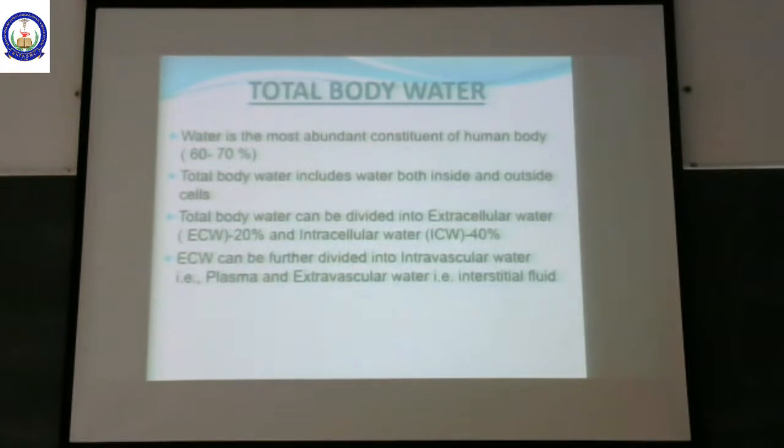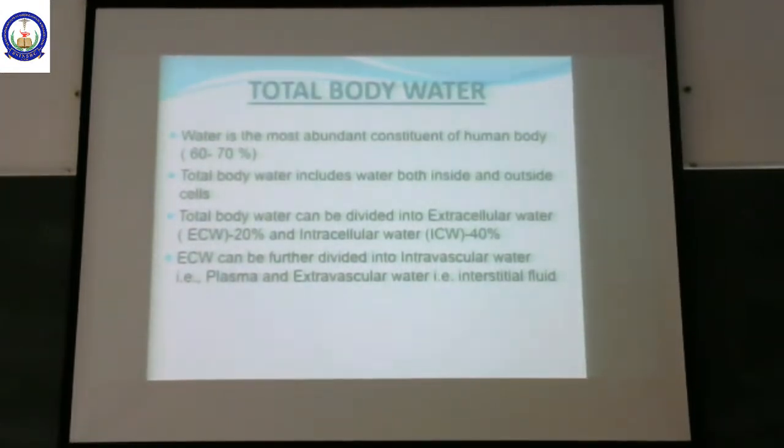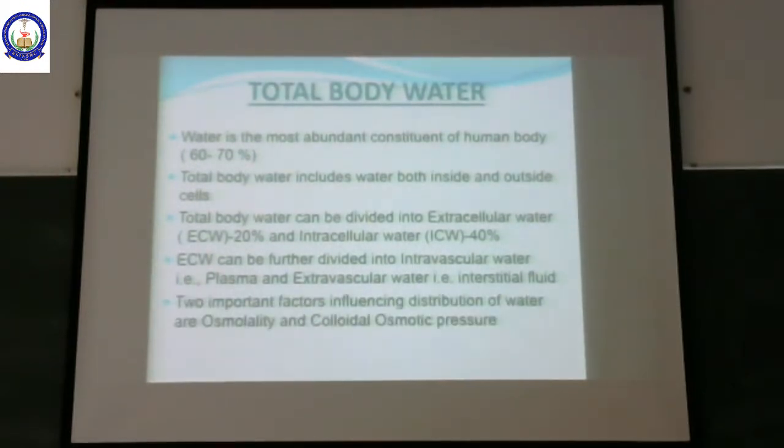And what is present outside this is called extravascular water, that is called interstitial fluid. You have some space between the tissues, right? You have blood vessels, and outside the blood vessels you have tissues. The spaces between those tissues are called interstitium. So there is some amount of water even in that area, that is called extravascular water.